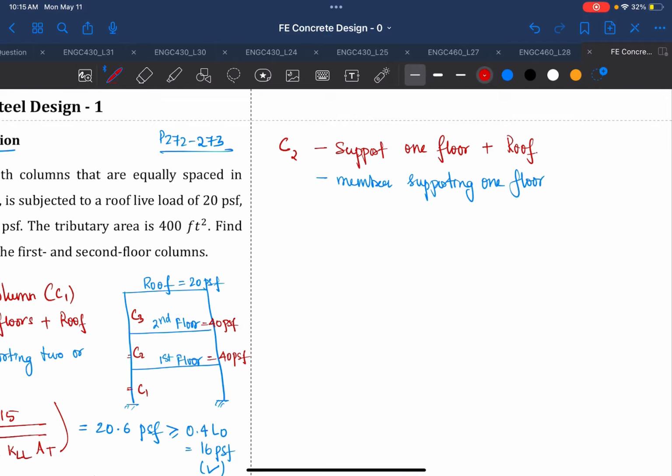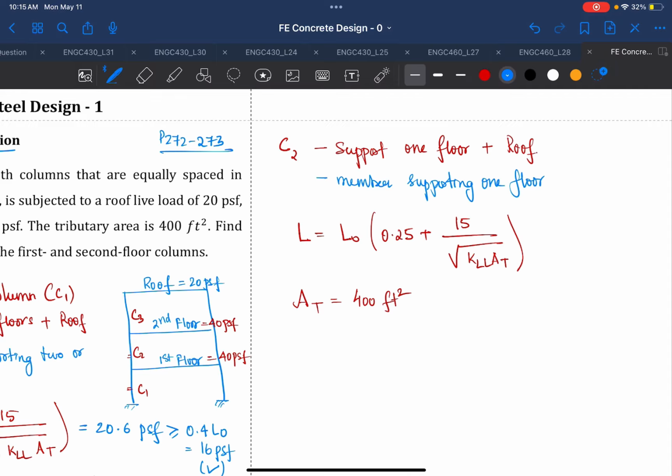And you'll see in your FE manual on page 272, the L is the same, L naught times 0.25 plus 15 over the square root of KLL AT, and everything remained the same except AT. AT is here 400 feet squared because it supports only one floor, so it's a member supporting only one floor, so AT will be 400. Again, AT excludes the roof floor area.